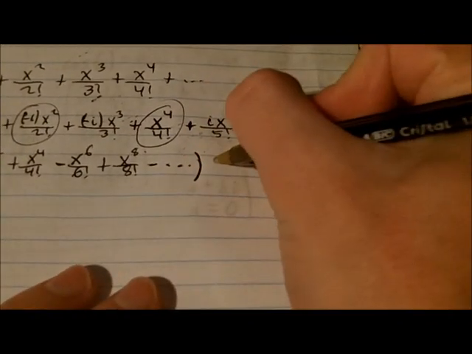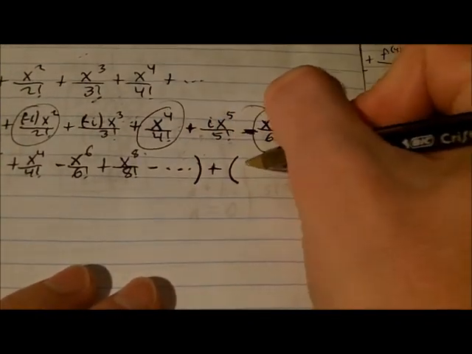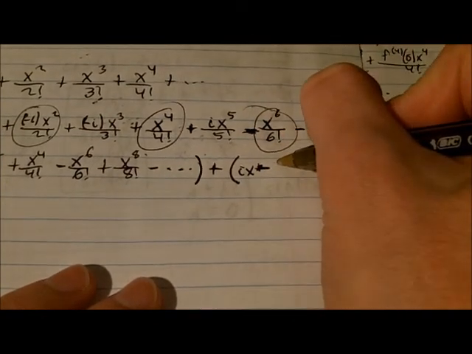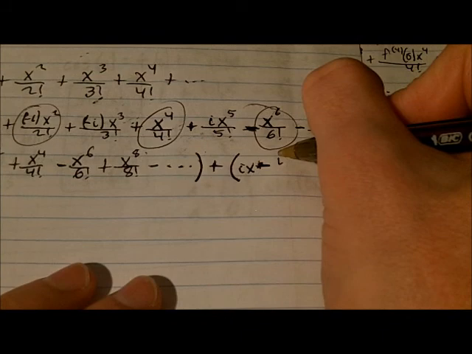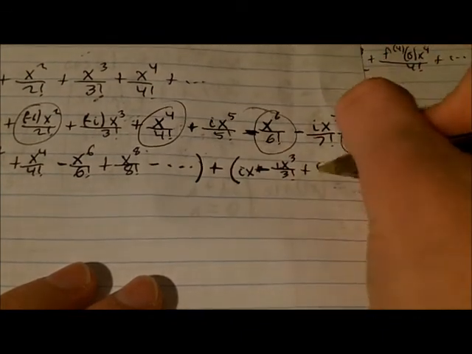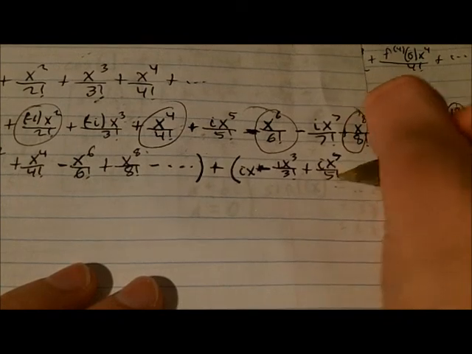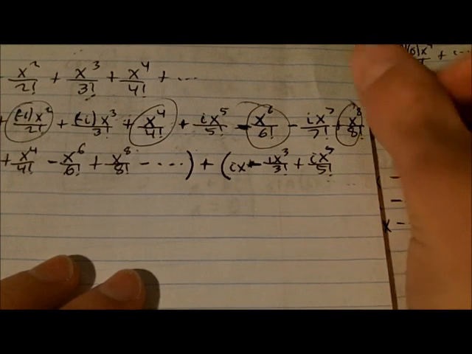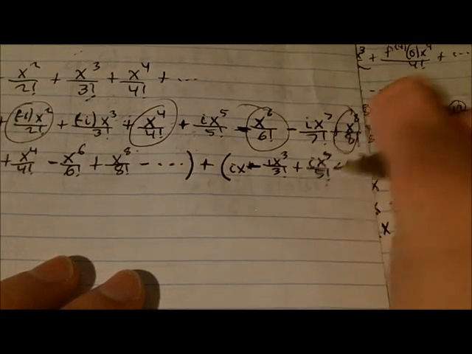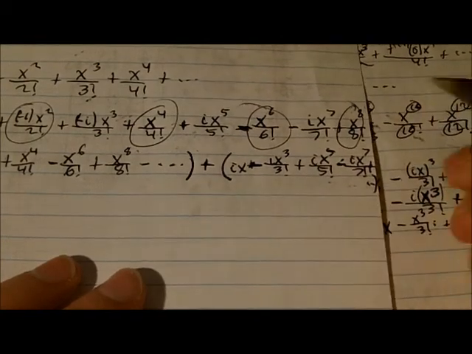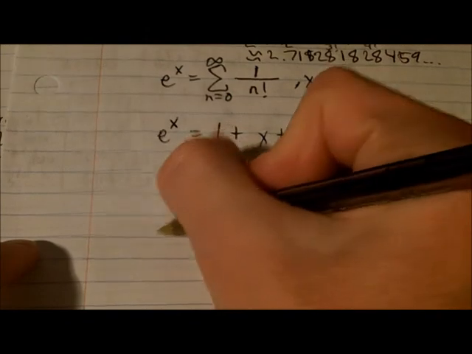The other half, I'm about to sum up, and we have ix plus, well, this is actually minus, excuse me, minus i x to the 3rd over 3 factorial, and then we get plus i x to the 5th over 5 factorial. So each of these terms has an i in it, minus i x to the 7th over 7 factorial, and that's, once again, an infinite sum. And all that we set equal to e to the ix.